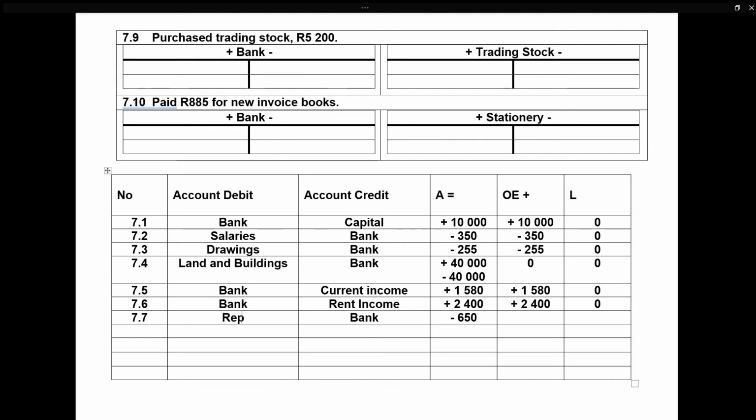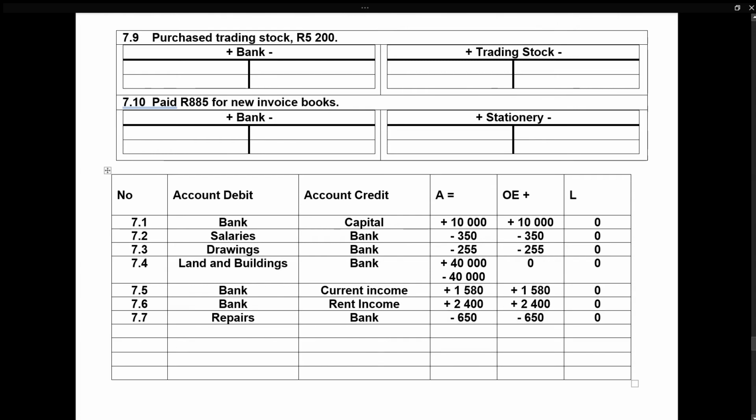So repairs, negative influence on owner's equity. We did not work with liabilities. Sorry, yes, I made a typo. Right, so minus 650 Rand will equal minus 650 Rand plus 0. Therefore, we've done this one correctly as well.